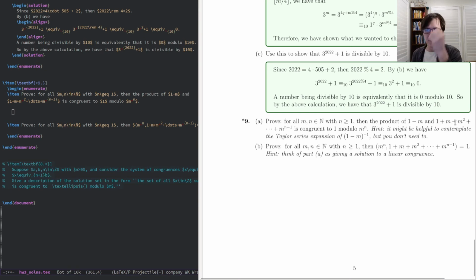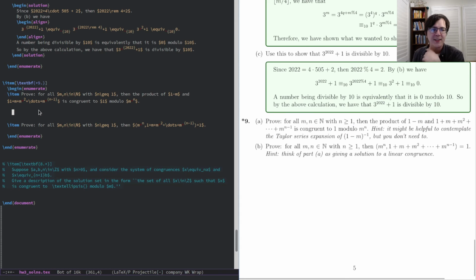And so sort of the point is that when we're doing things modulo m to the n, this series gets truncated, because from that point onward all the terms are 0. So we can take that infinite sum and just compute it now, because it's finite, and because it's supposed to be the inverse, it's the inverse. So that's sort of like the intuition.